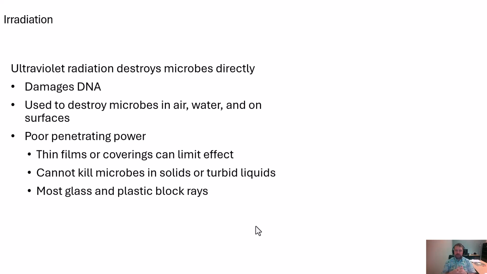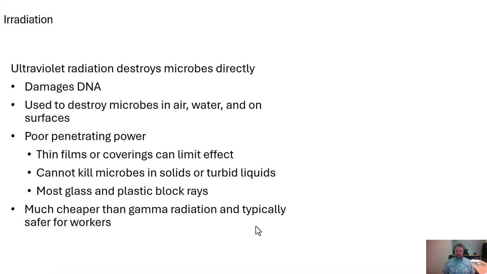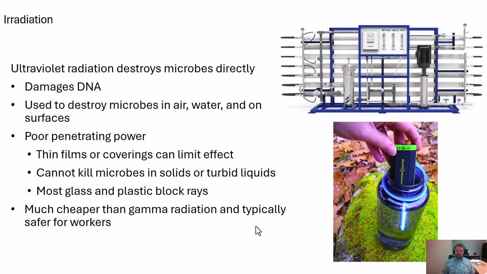UV tends to not penetrate very well. It doesn't even really penetrate plastics or glass, but that makes it even more important for the safety of the individuals involved. So it's typically considered much cheaper than gamma radiation. It is also typically considered much safer.